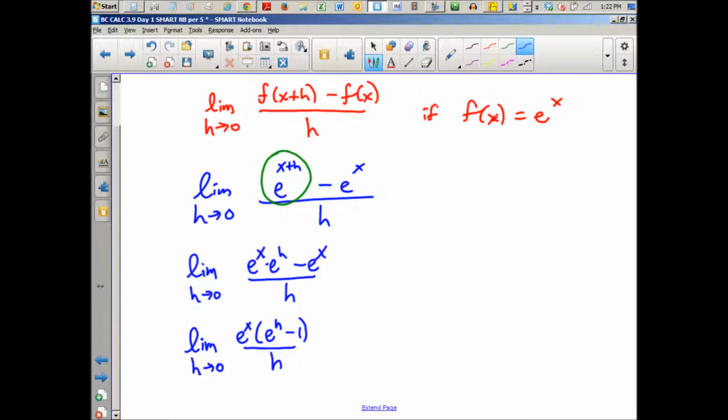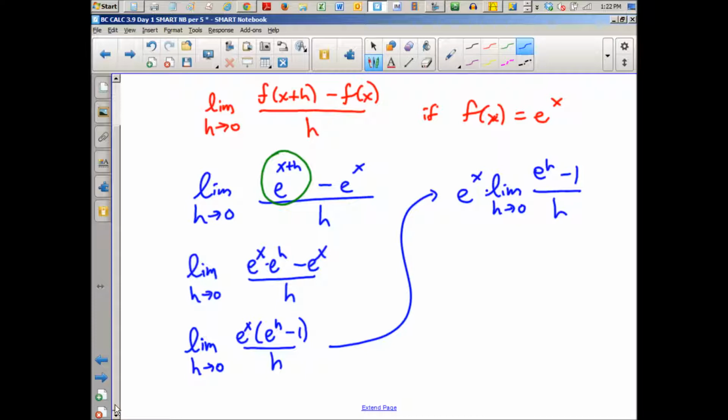You mean factored out to the front, right? Like that? Okay. Well, can we pull it all the way out of the limit? Can we put it in the front? Can we do that? Absolutely. There is no h in it.